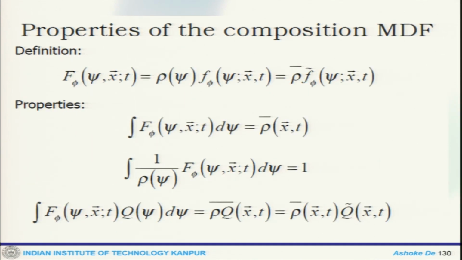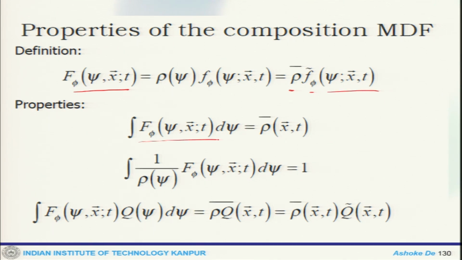Now the properties of this composition mass density function. One can look at the different properties. Our mass density function is defined like this: rho over F_phi(psi; x, t).